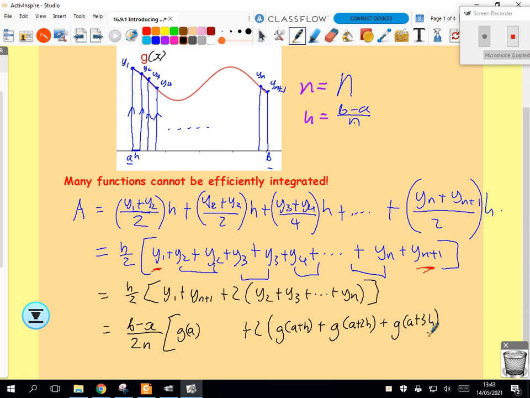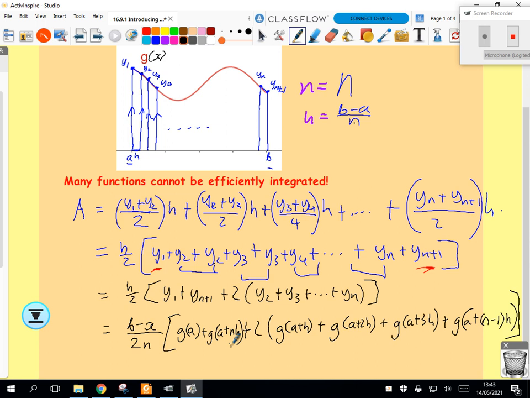Etc., etc. Okay, so y2 is g of a plus h, y3 is g of a plus 2h, y4 is g of a plus 3h, y sub n would be g of a plus a number 1 less than n times h. Y sub n plus 1 will be g of a plus nh.